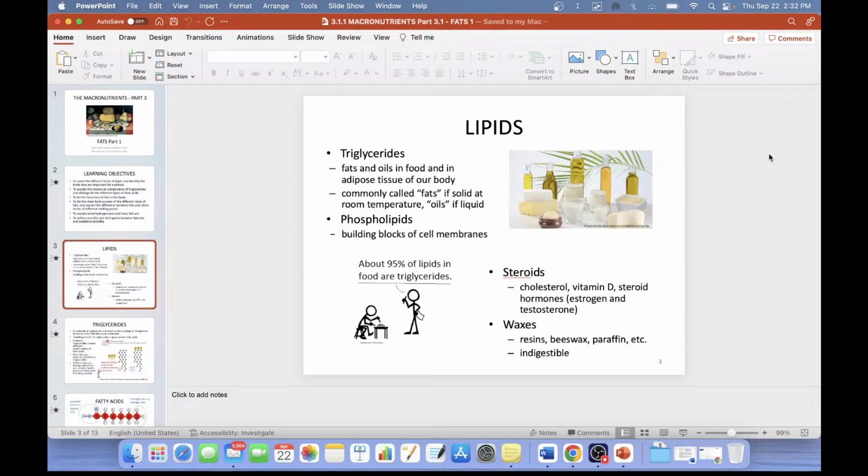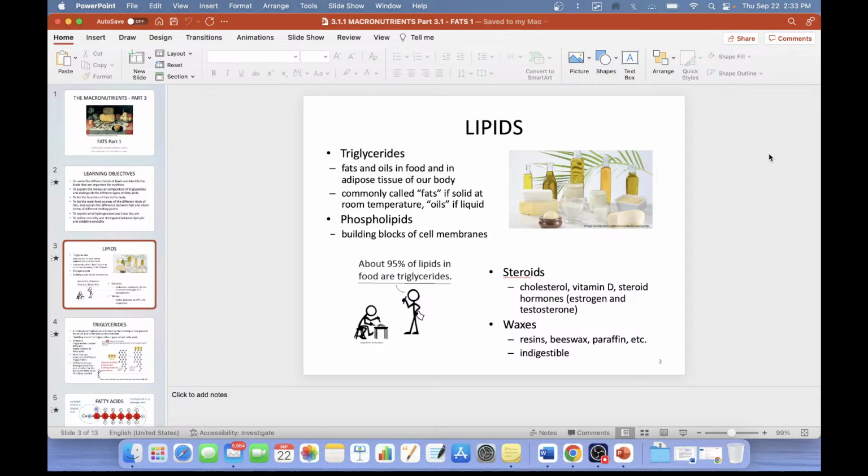So there are 4 kinds of lipids. Lipids are a very large group of molecules that are distinguished from the physical-chemical point of view by the fact that they are hydrophobic. They don't mix with water, they don't dissolve in water. And there are 4 major types of lipids, and they are triglycerides, phospholipids, steroids, and waxes.